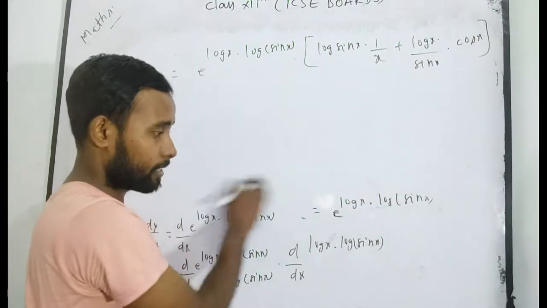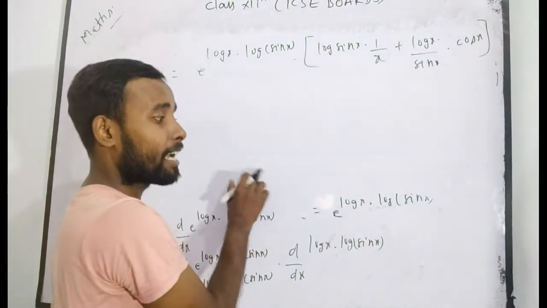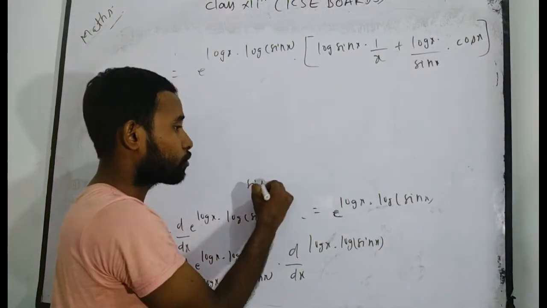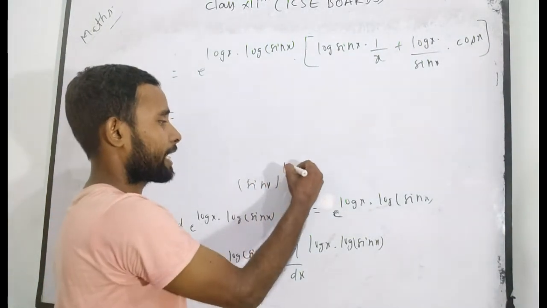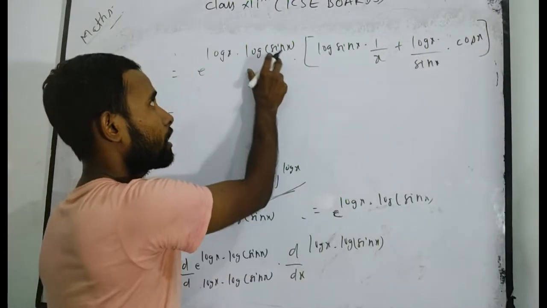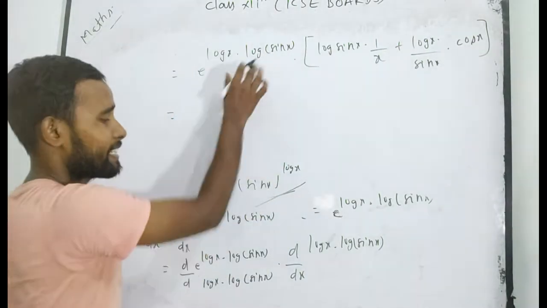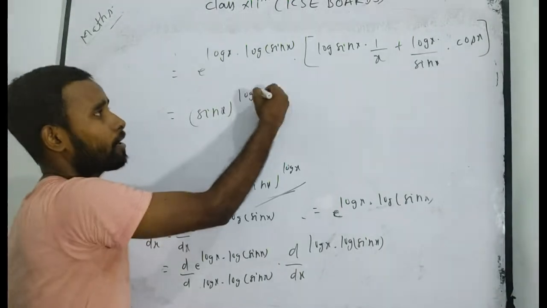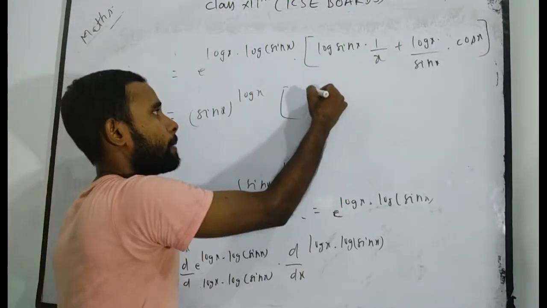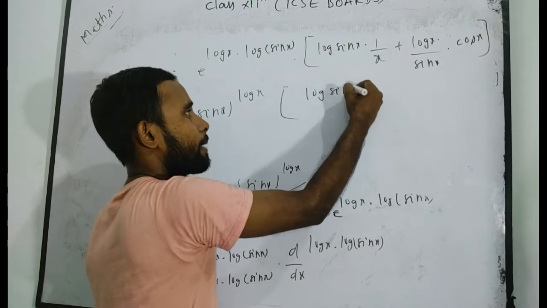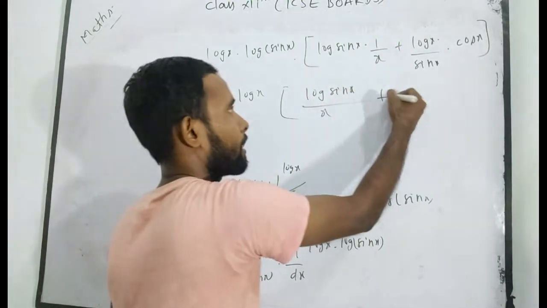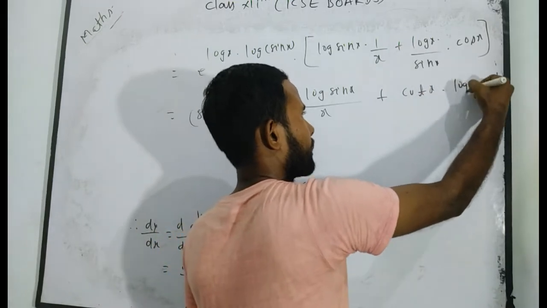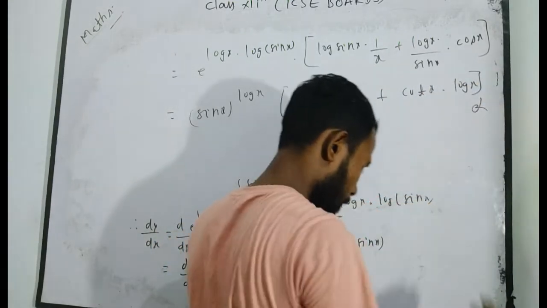So you can write here again sin x to the power log x, times log sin x by x plus cos x by sin x, which is cot x, into log x. This is the correct answer of this question.